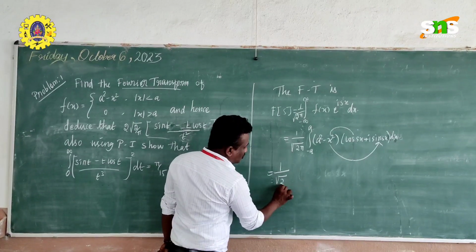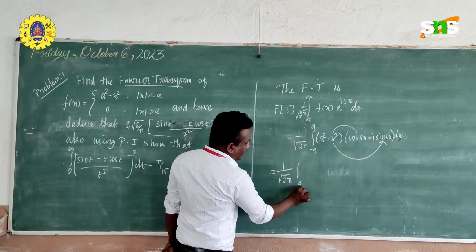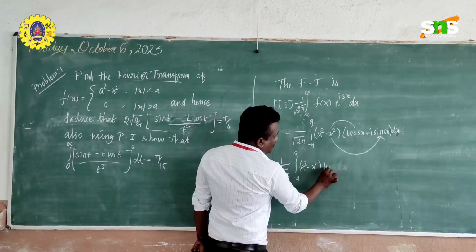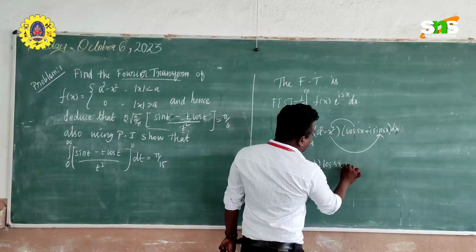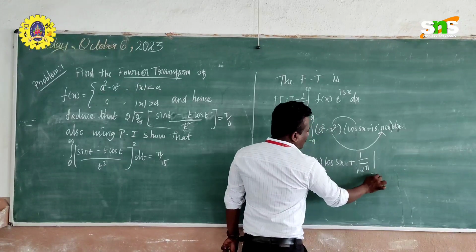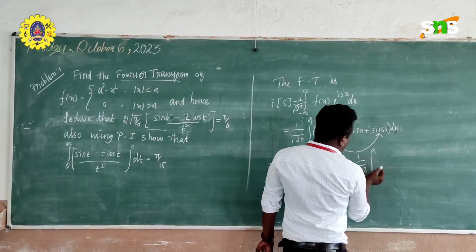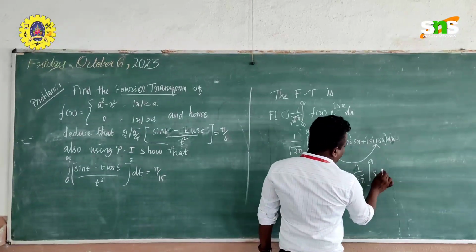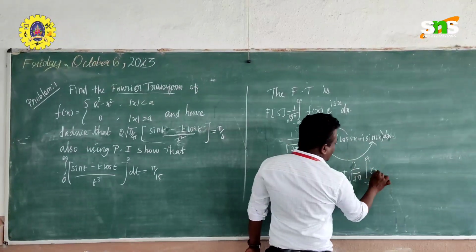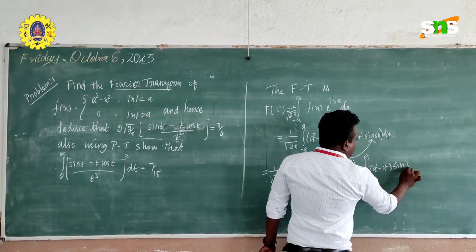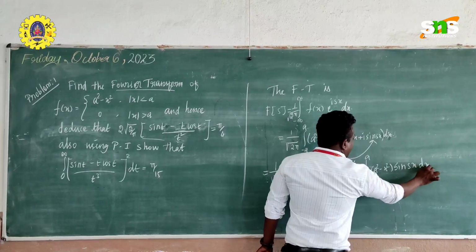It is 1 divided by 2 root pi integral over minus a to a, then a square minus x square cos sx, then plus symbol 1 divided by 2 root pi integral over minus a to a, then I is there. So I we can substitute here. I sin, before that a square minus x square into sin sx into dx.